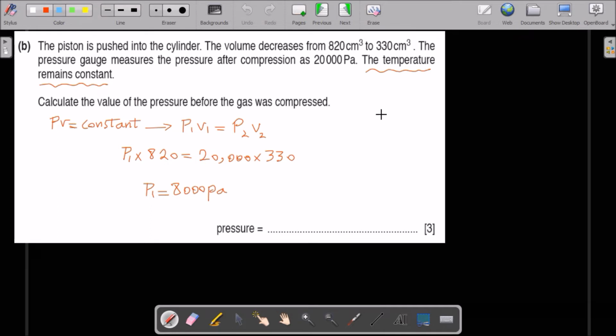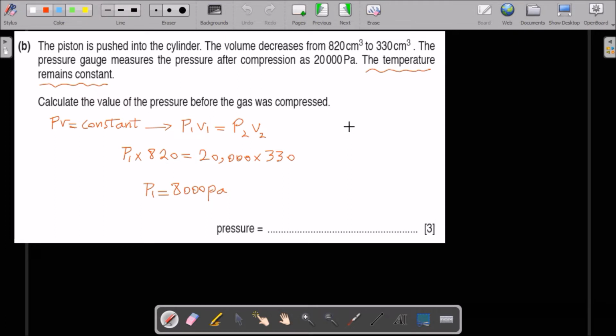P1 is not given, but volume is given, 820. P2 is 20,000 times volume in second situation, which is 330. So if you calculate, you will get P1, which is 8,000 Pascal.